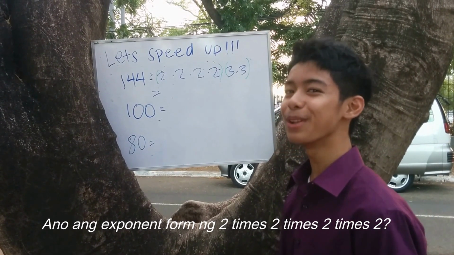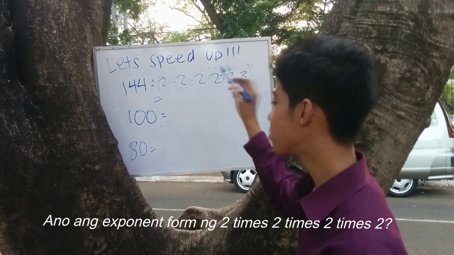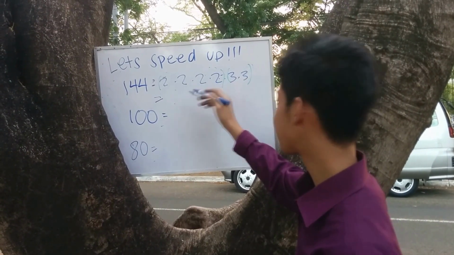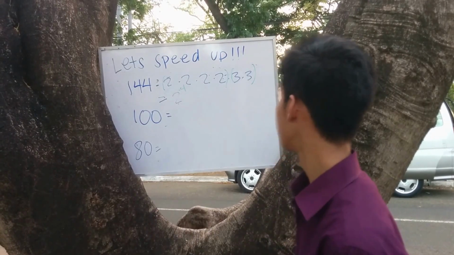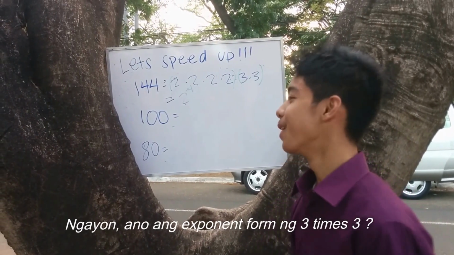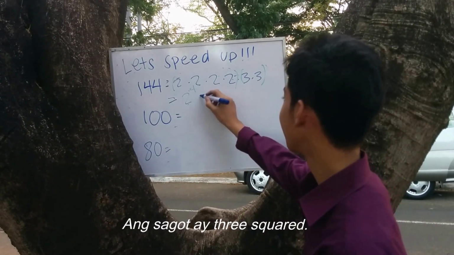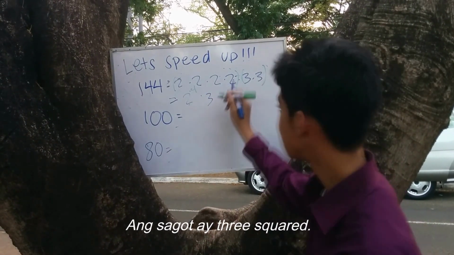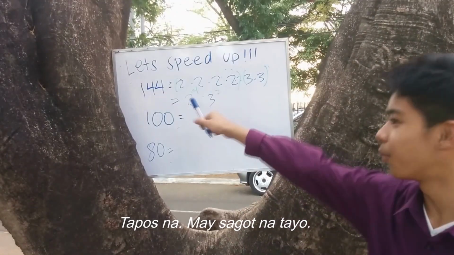What is the exponent form of 2 times 2 times 2 times 2? That's right, it's 2 to the 4th. Now what's the exponent form of 3 times 3? That's right, 3 squared. So now we have arrived with the factored form of 144.